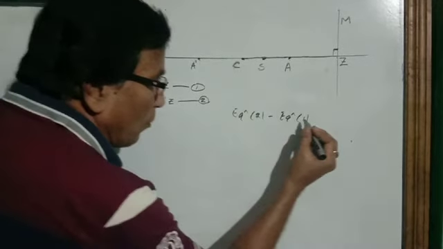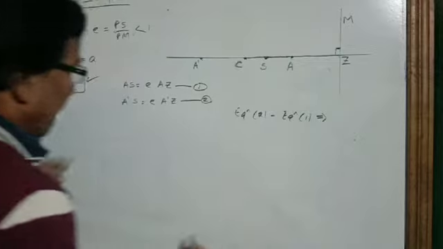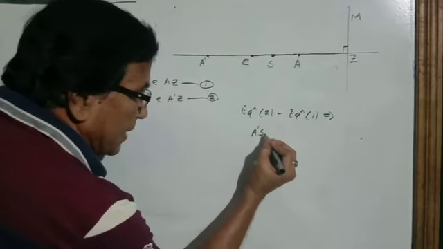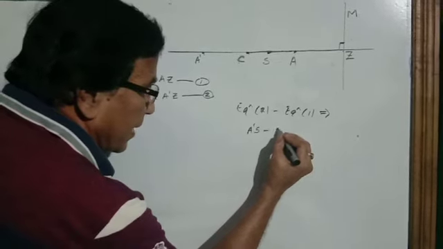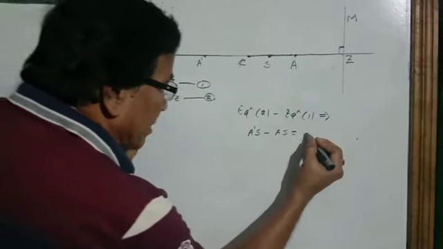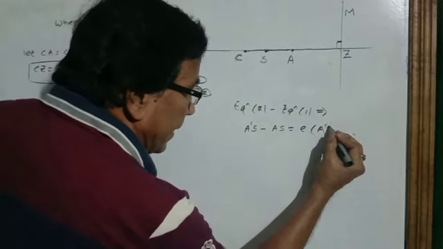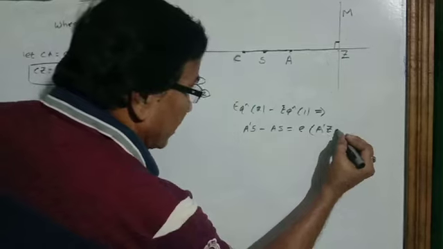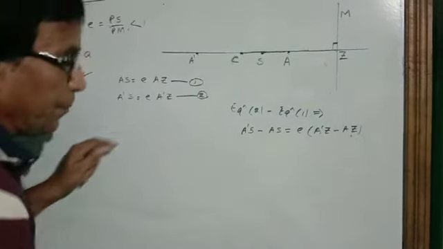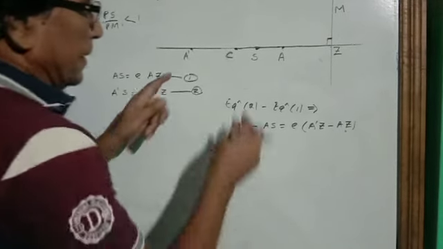So equation 2 minus equation 1 implies that A dash S minus AS is equal to e, taking common, A dash Z minus AZ.